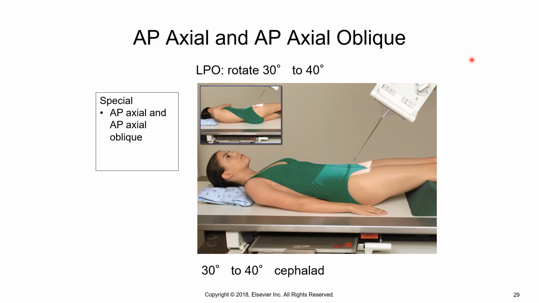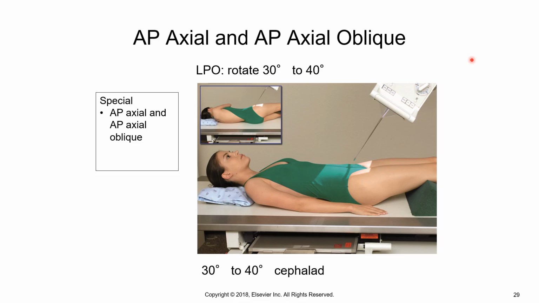The other 2 are referenced further in this PowerPoint, but they are on page 536, and they could do a PA axial or a PA axial oblique. So there's 4 positions: PA axial, PA axial oblique, AP axial, AP axial oblique. Any of those 4 would straighten out the sigmoid colon.